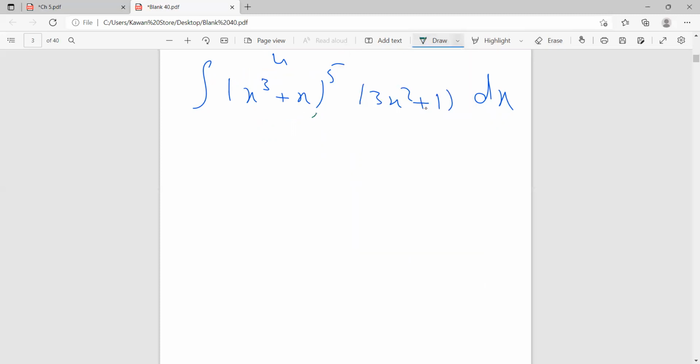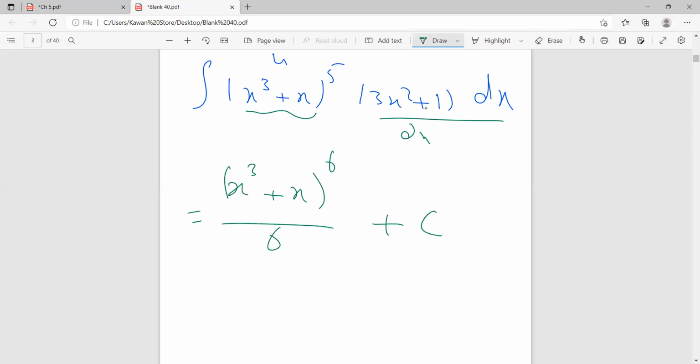Good. So I have u to the power 5 du directly, because I know the derivative of here is equal to here. So directly I can write (x cubed plus x) to power 6 over 6 plus c. Understood here? It's up to you. Maybe you like it like that, maybe you like to solve like your book.